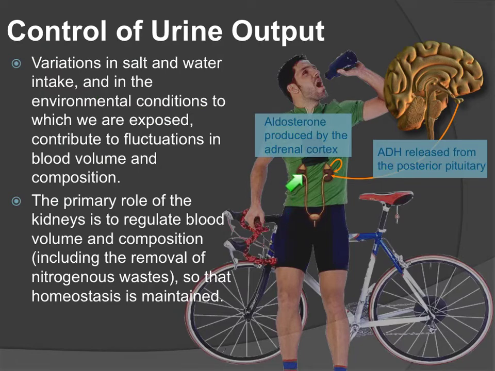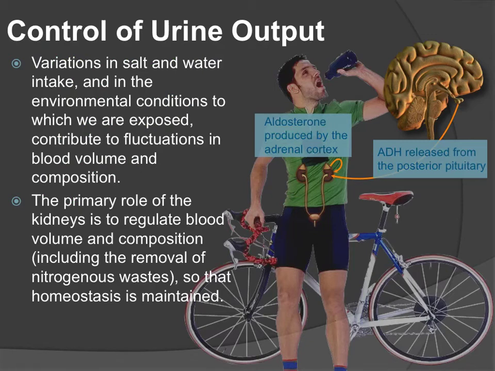These are very, very thin tubes that run from the kidneys down to the bladder, and they carry the urine from the kidney to the bladder. And then from the bladder to the outside of the body, it's through the urethra. So that's the urethra that goes to the outside of the body. That gives you an overview of the terminology involved there.